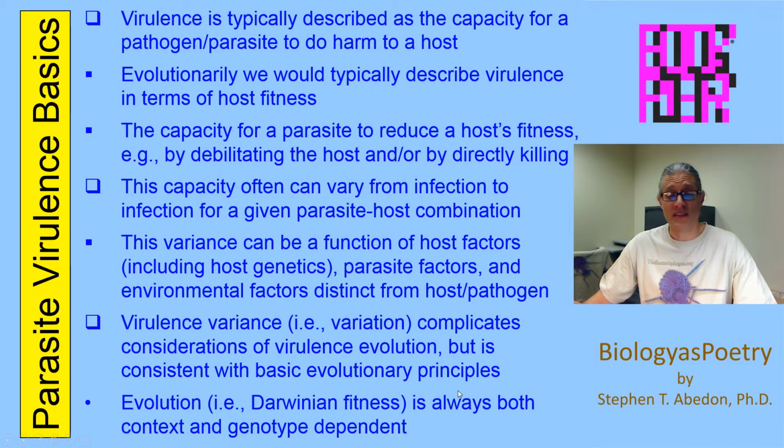That is to say that the Darwinian fitness of a parasite is going to be both context and genotype dependent, both dependent upon the factors outside of the parasite, such as the host genotype and host phenotype, but also the genotype of the parasite itself. And when you have variance in genotype within a population, then evolution can occur.